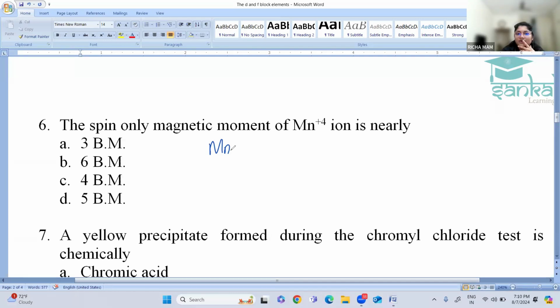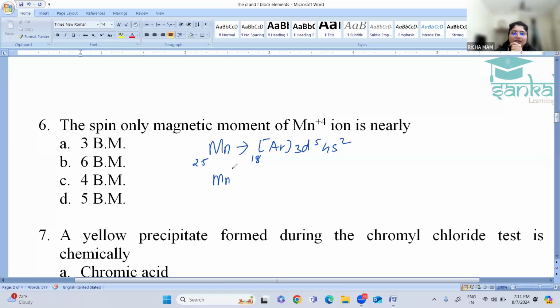Plus 4 ion. It is manganese. What is the electronic configuration? Manganese is argon 18, 3d5, 4s2. Right, it is 25.